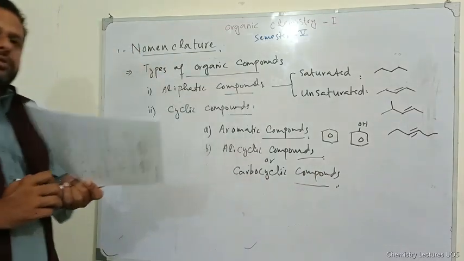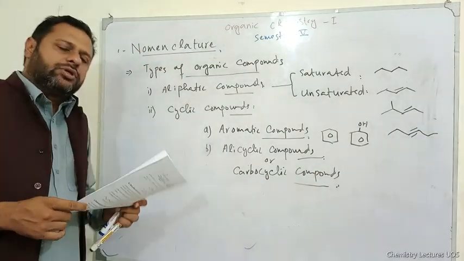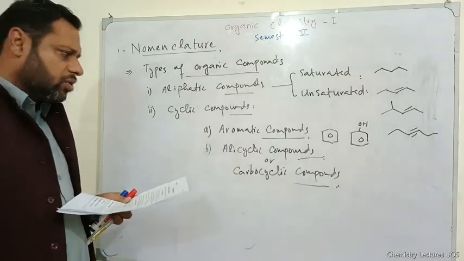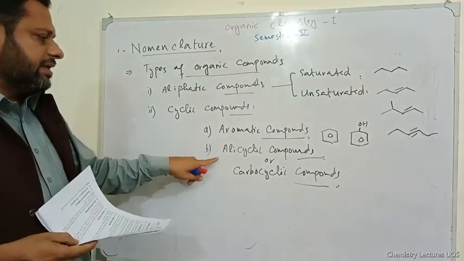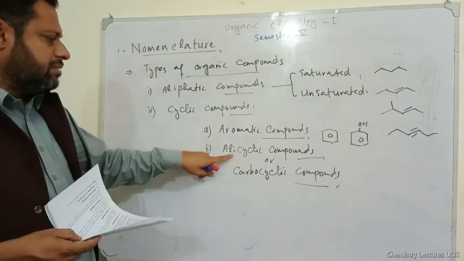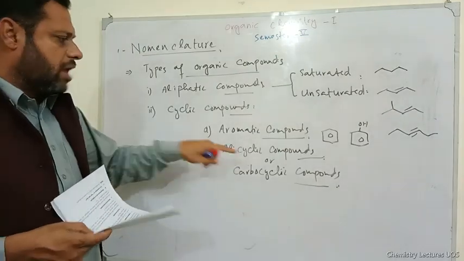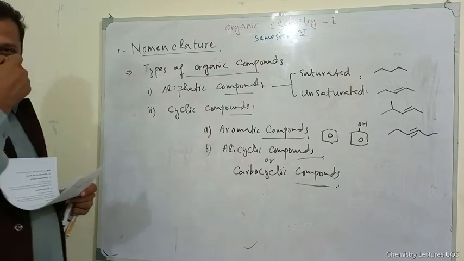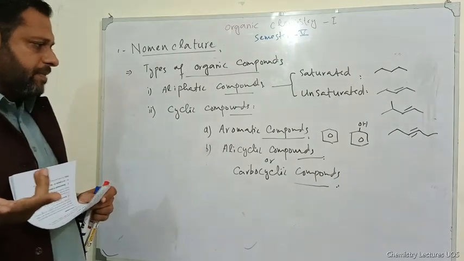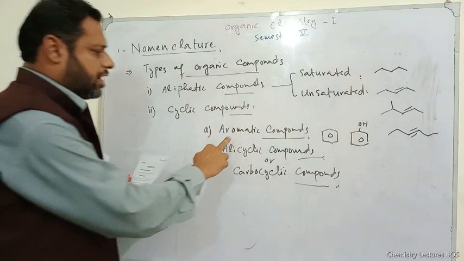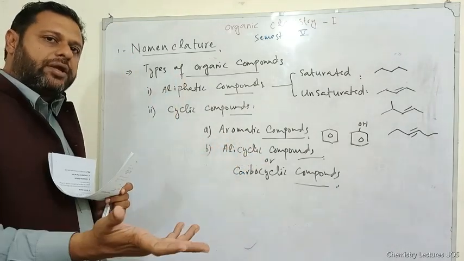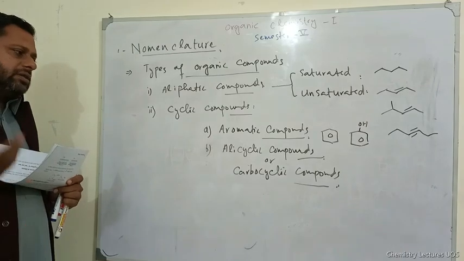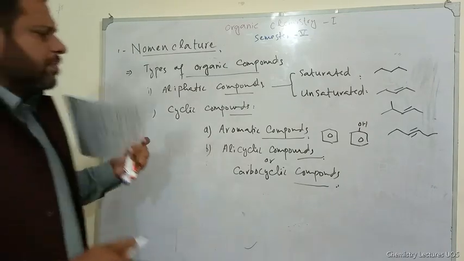All those cyclic organic compounds which consist only of carbon are called alicyclic or carbocyclic compounds. That means all carbon containing cyclic compounds, only carbon containing cyclic compounds. It is understandable that they cannot be aromatic. Other than aromatic, cyclic compounds which contain only carbon in the ring are called alicyclic or carbocyclic compounds.